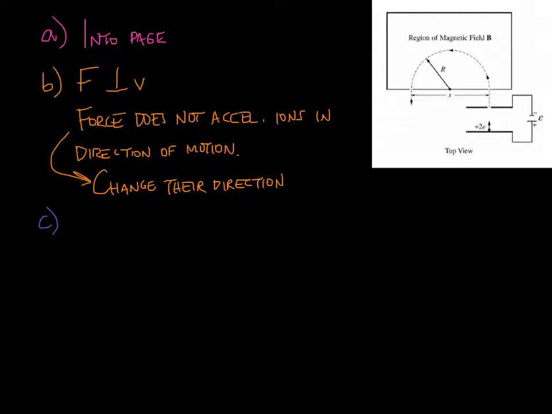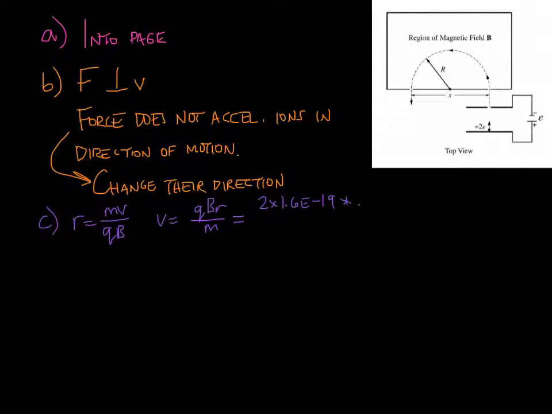For part C, calculate the speed of the ions with a charge of positive 2e that exit at the distance x. Using the equation r equals mv over qB, and rearranging it for v, that is qBr over m. The charge is 2e, which is 2 times 1.6 times 10 to the negative 19.